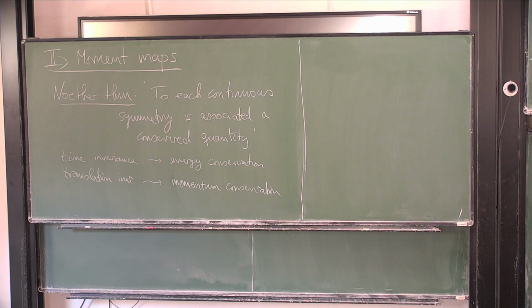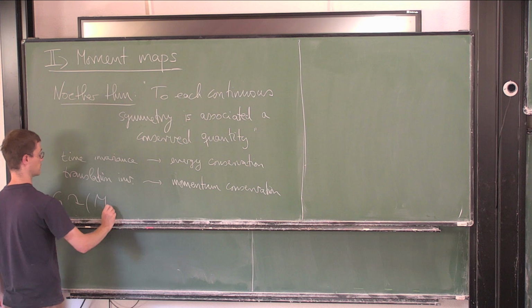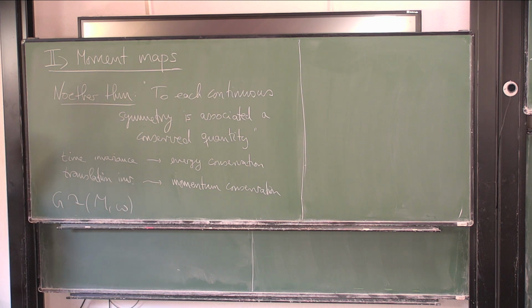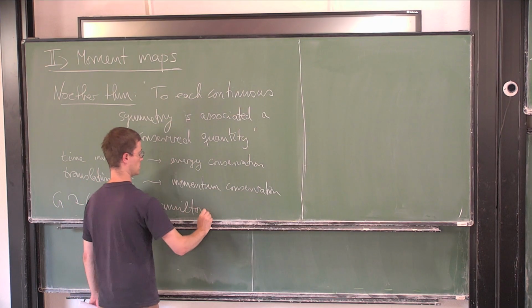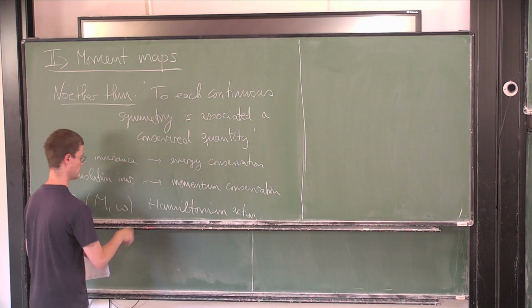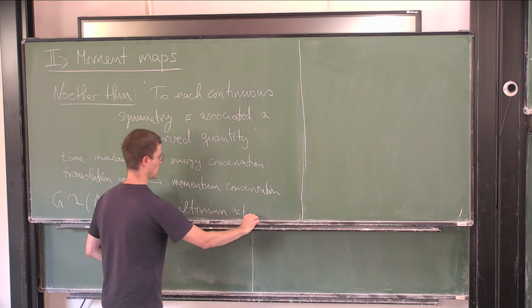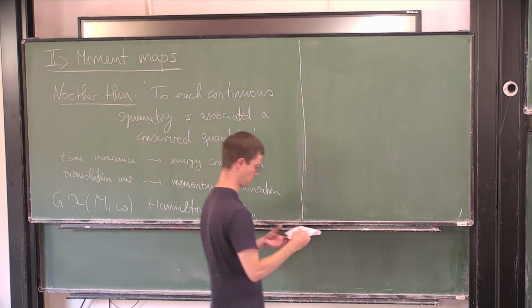So here the setting is more general. We have again this Lie group acting on the symplectic manifold, and we say it's a Hamiltonian action. This is the assumption we really need. And then we'll define what we call the moment map, but you should really think about it as the collection of all conserved quantities.